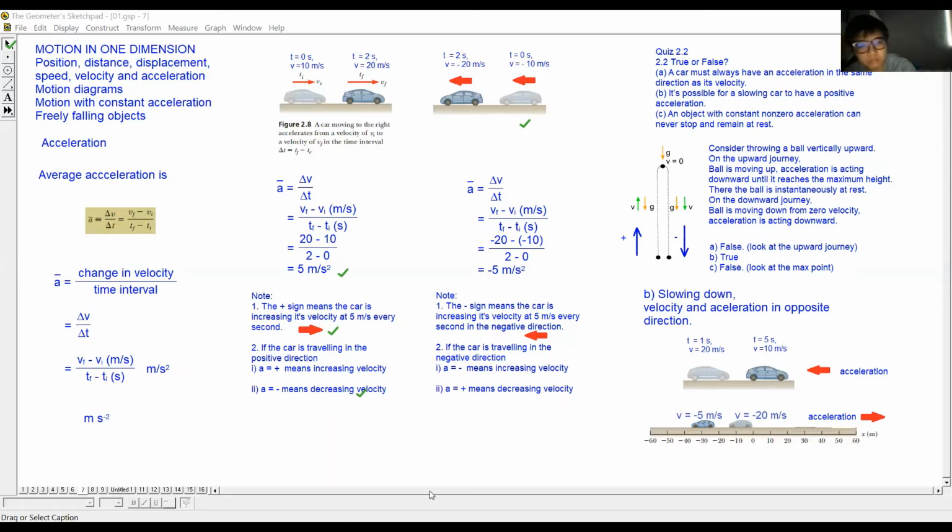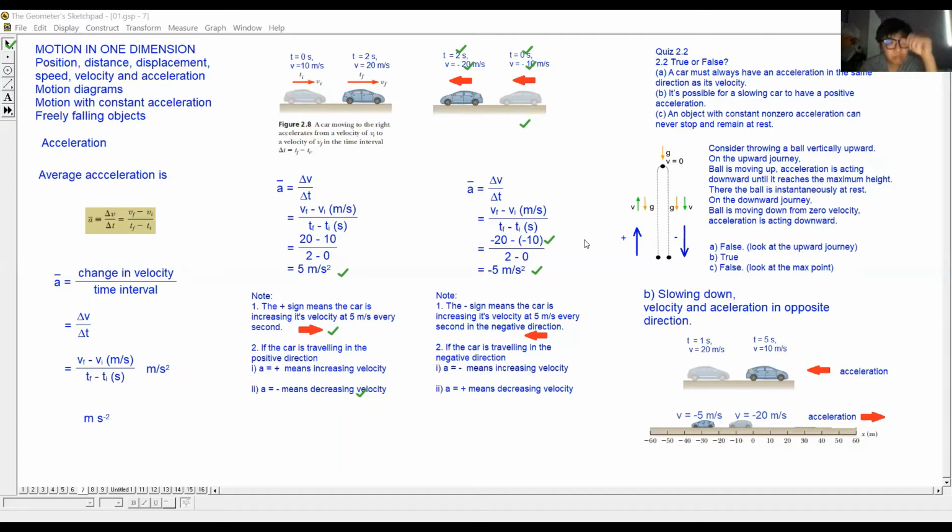Let me explain. At first we use negative 20 minus negative 10, so this is the top part. Then for the time, you use 2 minus 0. And you see that the average acceleration is a negative number.